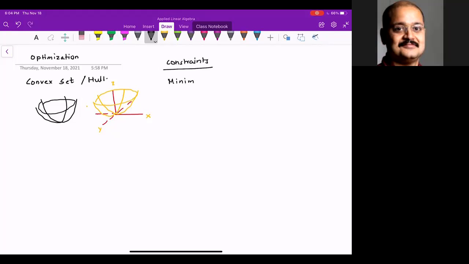Minimize a function f of x, say, which is given as x1 square plus x2 square. Now, if you think about x1 square plus x2 square, just imagine that this is x1 and this is x2 and this is nothing but f of x. So this shape is a convex set or a convex hull.